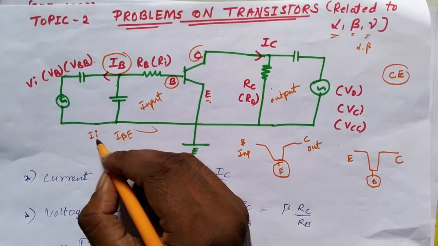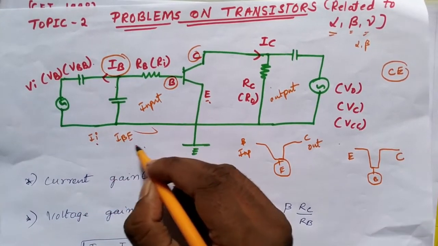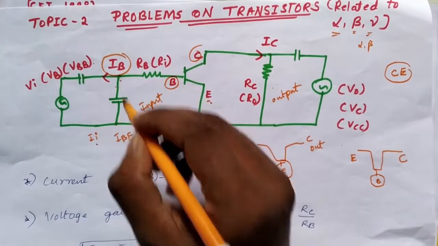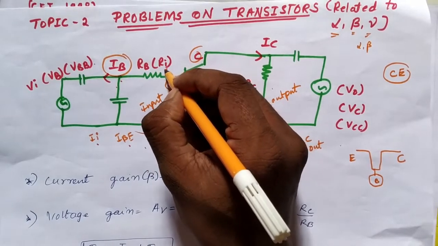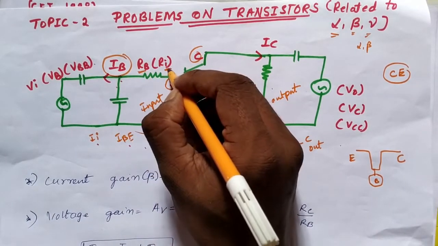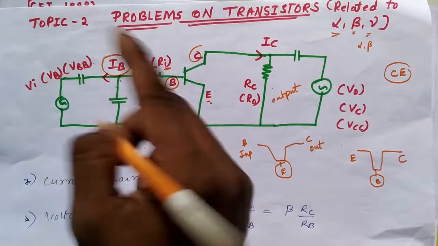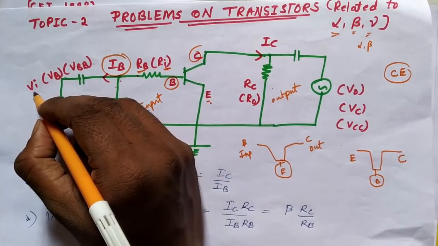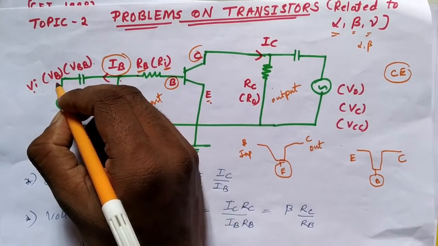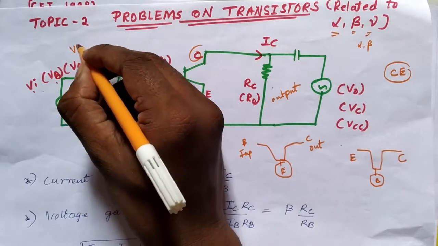Input resistance is considered as RI or RB. Input voltage is considered as what? VI or VB or VBB or VBE.